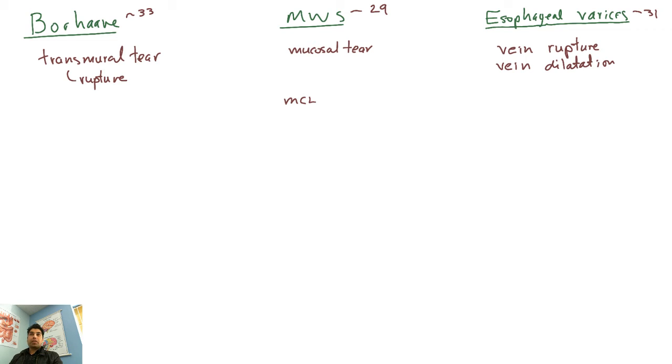The most common location for Boerhaave is what? The lower middle, where it's actually exposed, not protected. Esophageal varices, always lower esophagus.